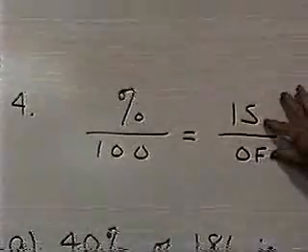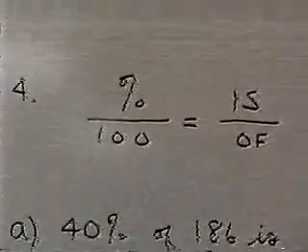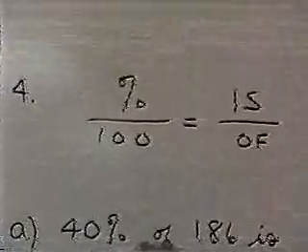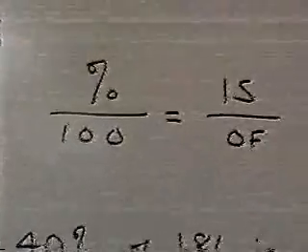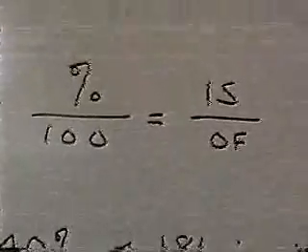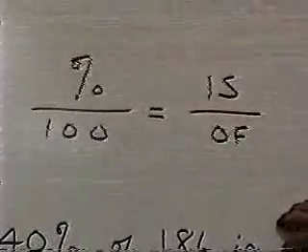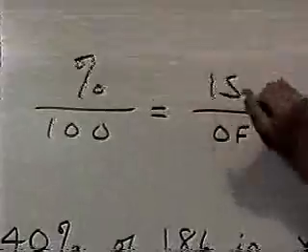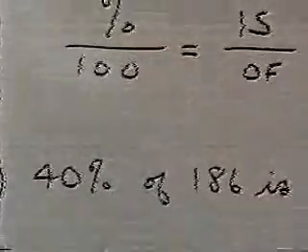In the problem, if you'll notice the part A right there below the statement, it says 40% of 186 is what number? Okay, so the 186 goes where the word of is, and then this x goes where the word is.